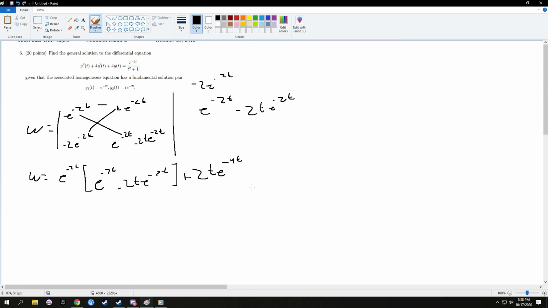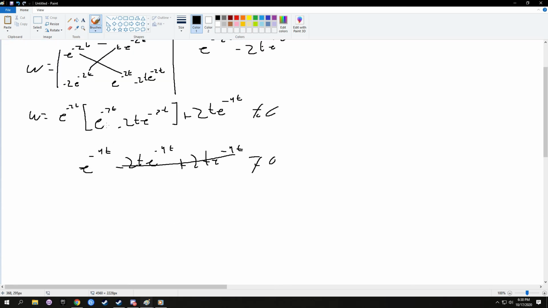So I'm going to distribute this in, and this cannot equal 0. When I distribute this in, this will become e to the negative 4t minus e to the negative 4t plus 2t e to the negative 4t. And these just go away, and this will not equal 0, so we know e to the negative 4t can never equal 0, by the graph and also just knowing exponential functions, the e function never touches 0. So that's it for this part.